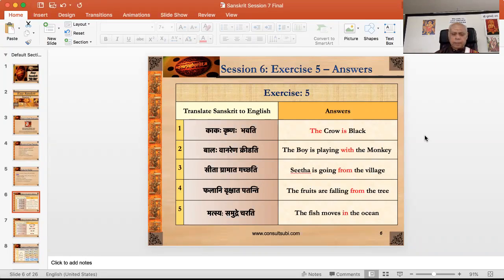Falani Vrikshat Patanti. The fruits are falling from the tree. Let me see your answers. I think Jayakumar, Nirmala got it correctly. Some of you have omitted the article, that Sampath wrote from the tree, not from tree.